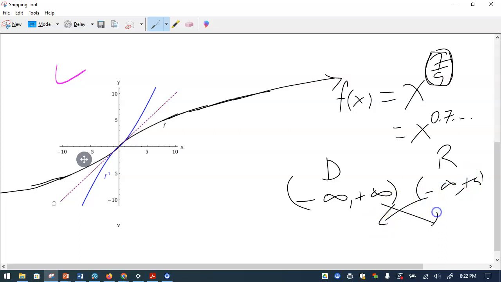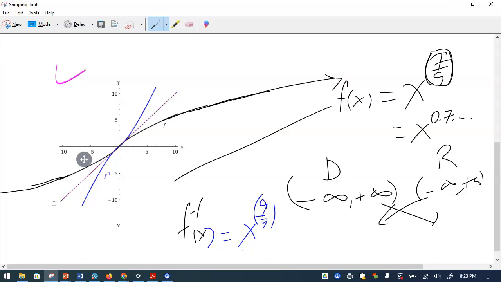And then you swap it. The new function f inverse, the blue one now, is x raised to 9 over 7. And this 9 over 7 is greater than 1. That means it is 1 point something, I think it is 1.2 and so on. So naturally, this is the graph of that. Because if it is x raised to 2, then it is like this.